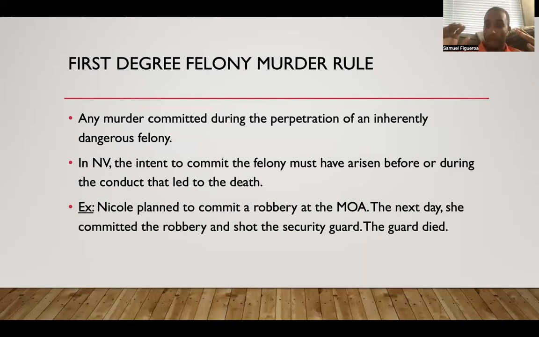During the perpetration of that felony, she shot a security guard, and the guard died. So as a result of Nicole committing this inherently dangerous felony, robbery, she shot and killed a guard, and this will trigger this statute, and she will more than likely be culpable for first degree felony murder.